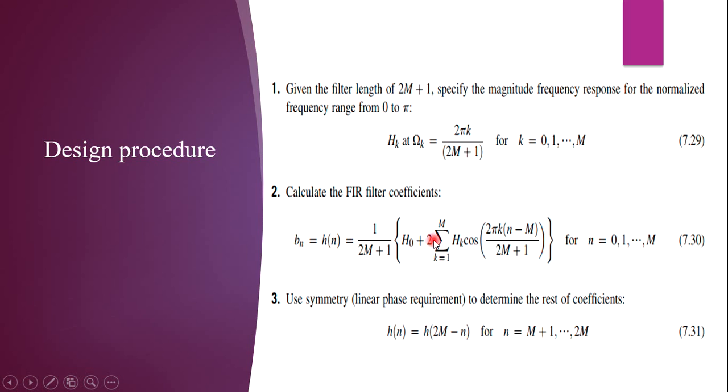So this is the response at the origin, and all these are the symmetrical responses. So this is multiplied by 2. Then we will have to use the symmetry, as I told you, to determine the rest of the coefficients.